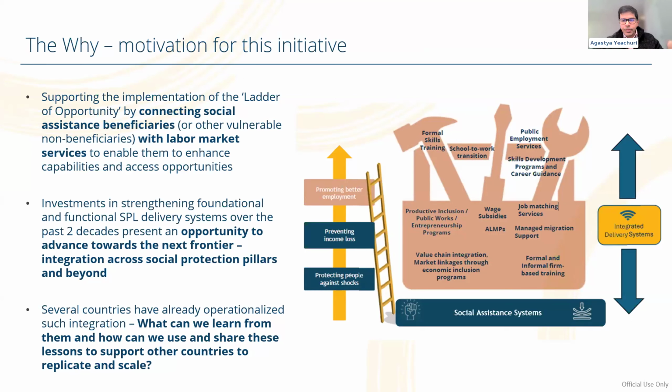Now there is an opportunity to better link and provide more inclusive services by connecting social assistance and labor market programs, both to support social assistance beneficiaries as well as other vulnerable non-beneficiaries, with labor market services to enhance their capabilities and help them access opportunities.